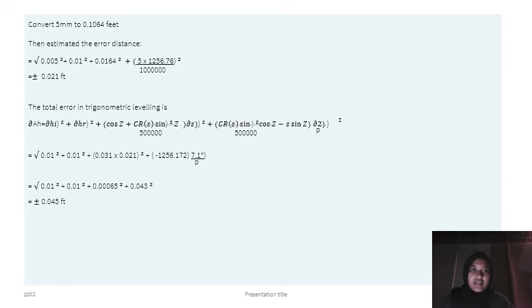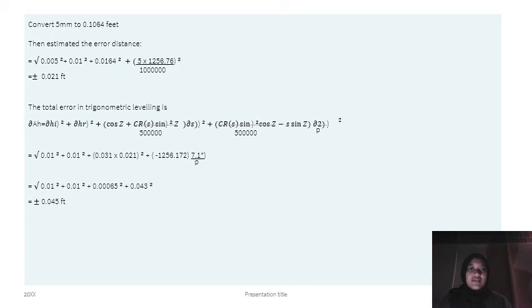Then the estimated distance error equals square root of 0.005 squared plus 0.01 squared plus 0.0164 squared plus 5 multiplied by 1256.76 per 1,000,000 squared, and we get the answer plus minus 0.021 feet.